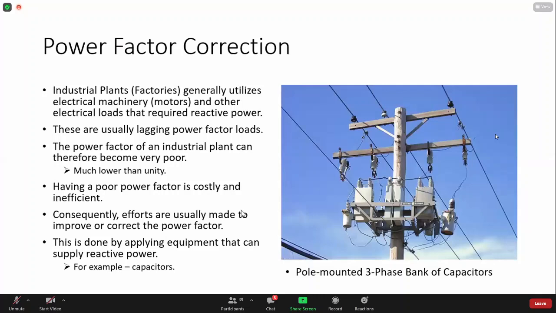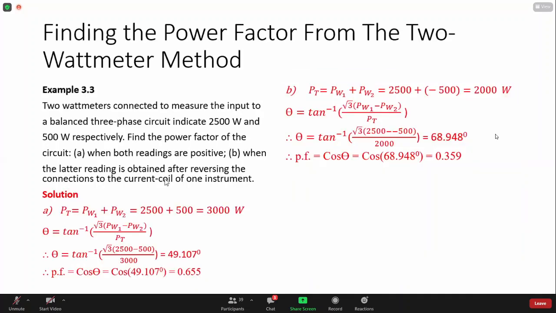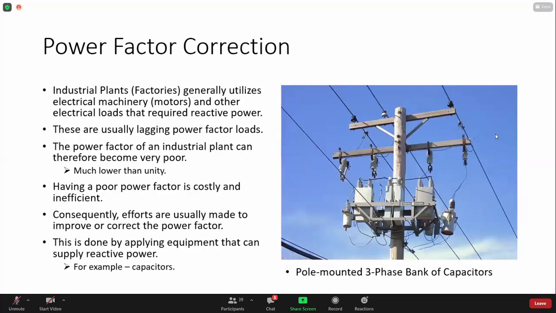All right. Now, a poor power factor is also a costly thing and very inefficient. So, usually, plants try to make some effort to correct their power factor, and the public utility like JPS usually gives people an incentive to have a better power factor.